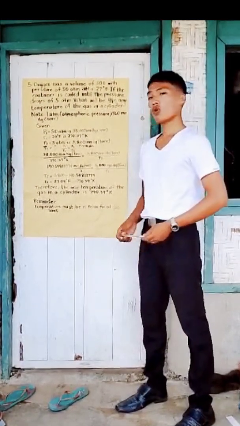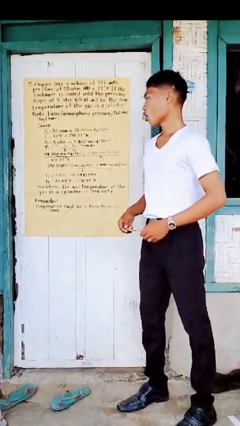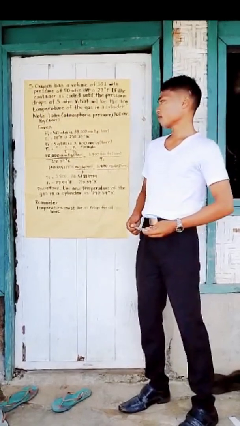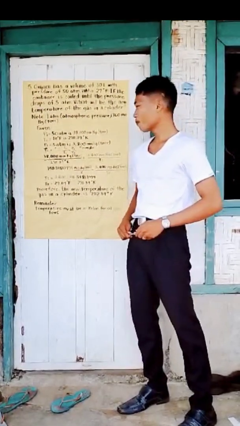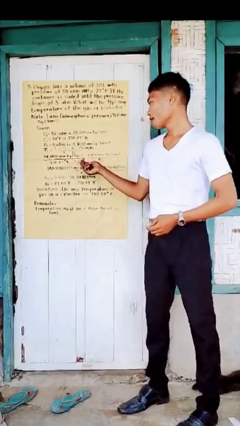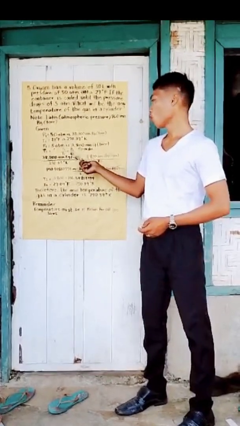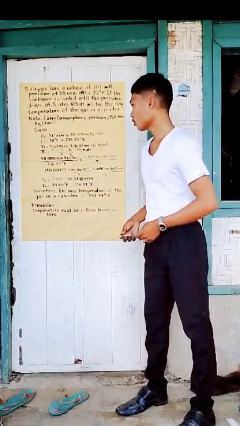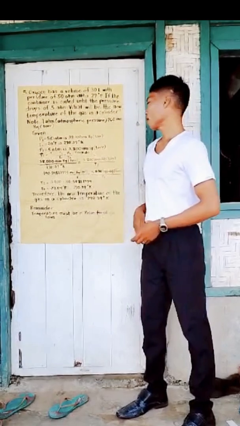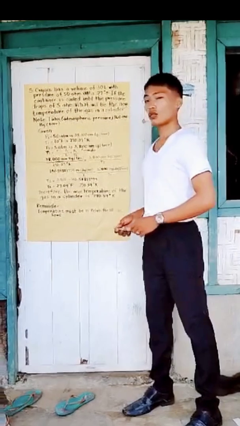Simplify the given values. P1 over T1 equals P2 over T2, or P1 V1 over T1 equals P2 V2 over T2.